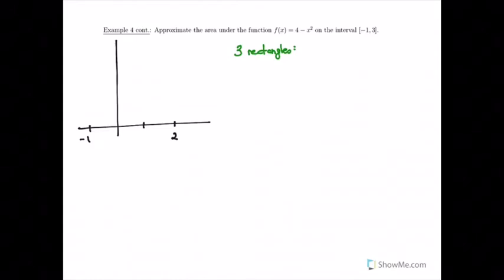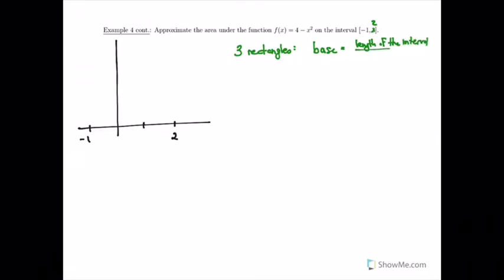If the base is all the same, then the base of the rectangle should be equal to the length of that interval, this would be a 3 now, divided by the number of rectangles. In that case, that's going to be a 3 divided by 3, so we're looking at a base of 1. So we can actually draw the base in all of those rectangles.